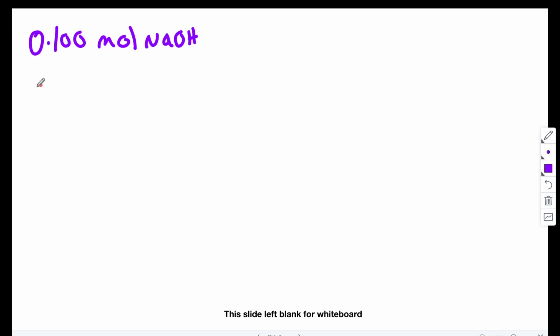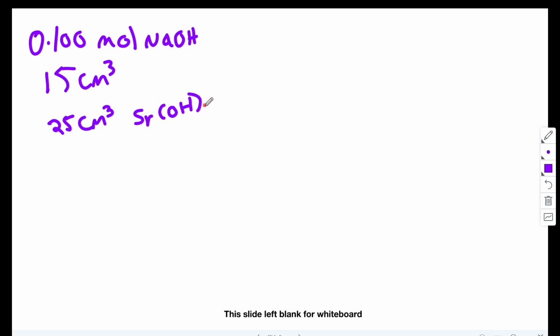We also know that we have 15 centimeters cubed of it, and we know that it used up 25 centimeters cubed of the strontium hydroxide. Okay, so this is what we know.